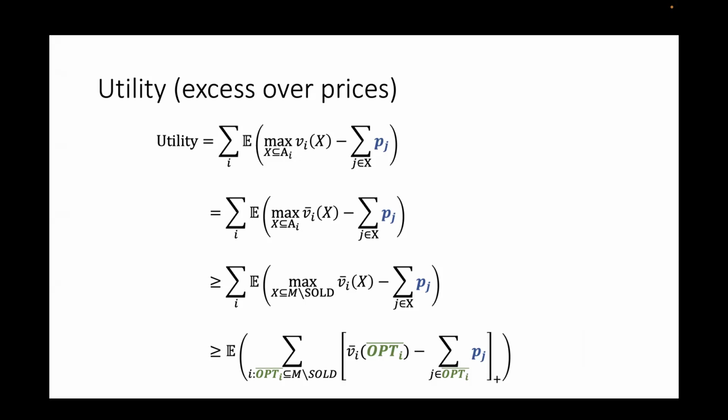And I will put that there only if this set is feasible in this maximization problem, right? When opt_I bar is inside the set M minus sold, what's available at the end. So if the set I should get is still available at the end, my utility has to be at least that, because I choose what maximizes my utility. So my utility has to be at least what I will get from what's available, what no one bought.